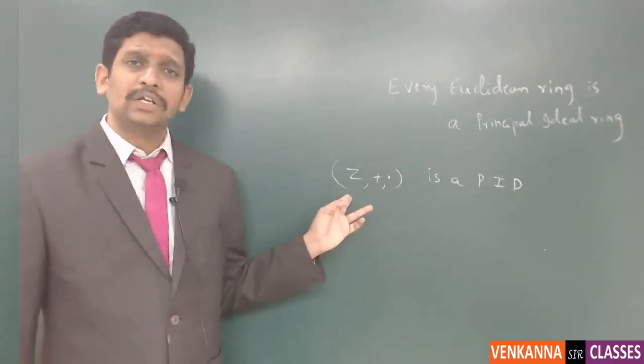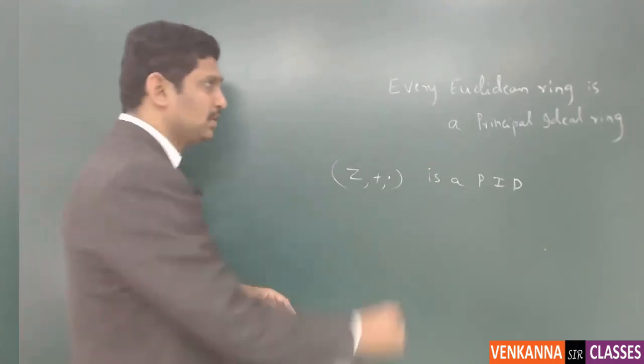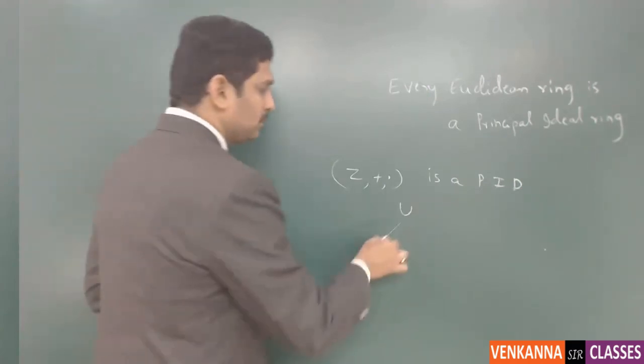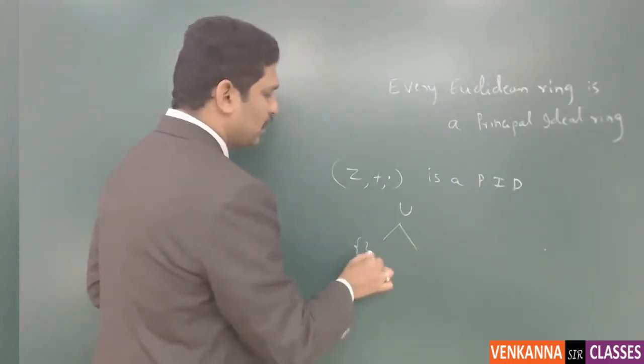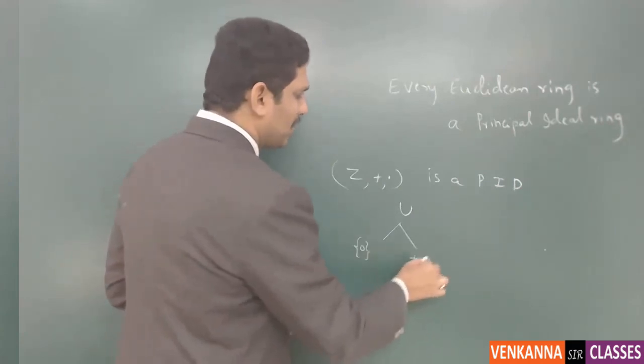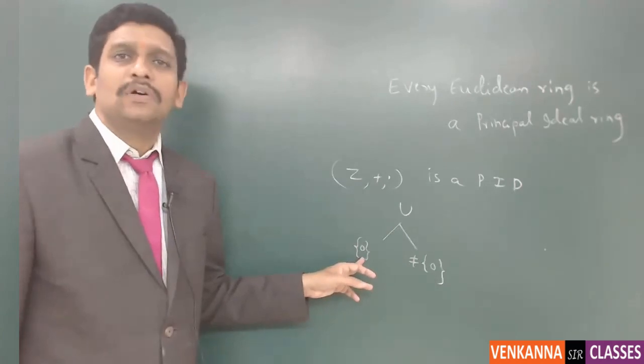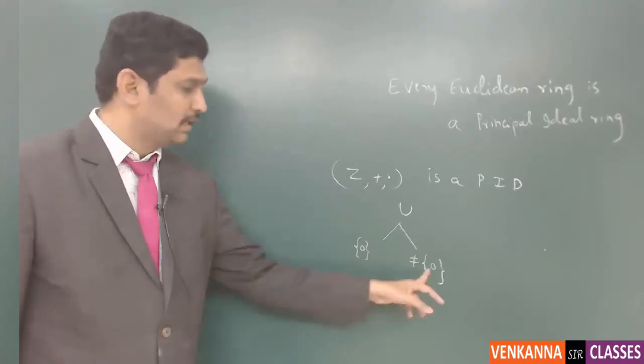So here you have considered that if you take an ideal U, then it may be a zero ideal or a non-zero ideal. If it is 0, it is principal.